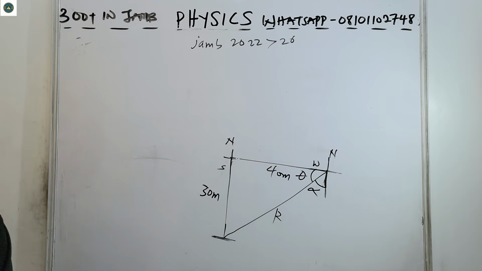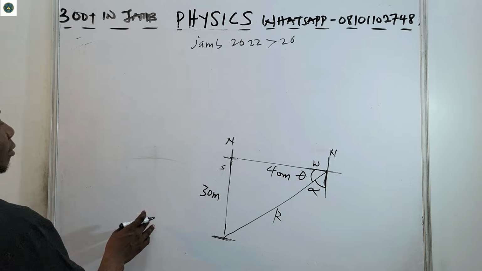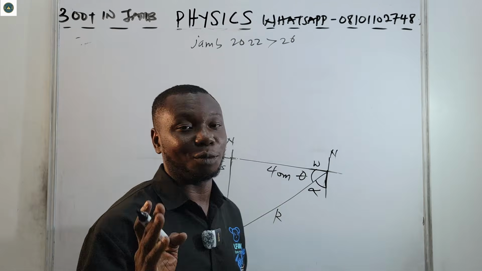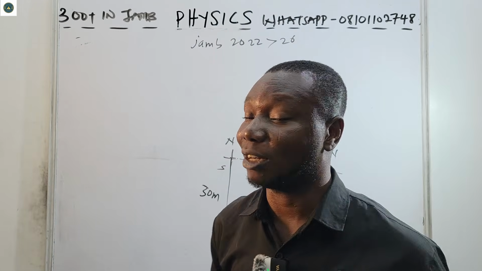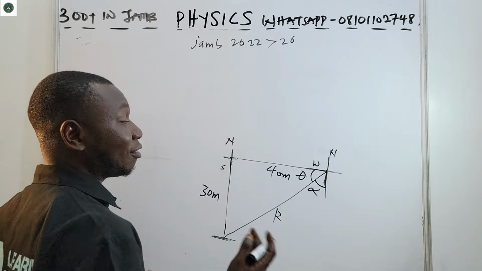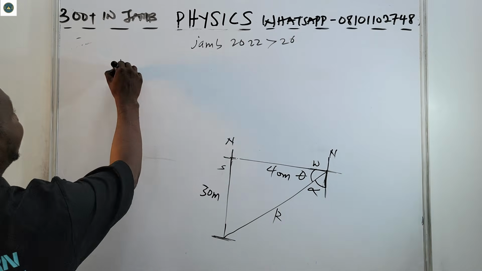Now, how do we get the magnitude? For us to get the magnitude, use Pythagoras. So you have to be conversant with Pythagoras. I think you start doing Pythagoras from primary 4. So we have resultant again.